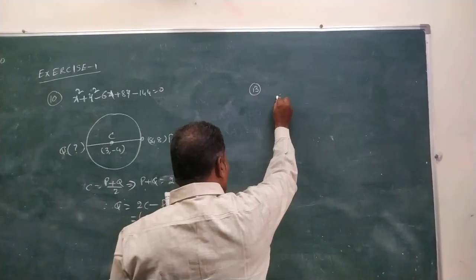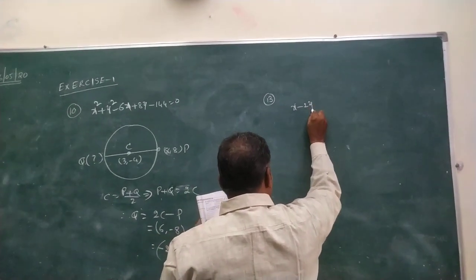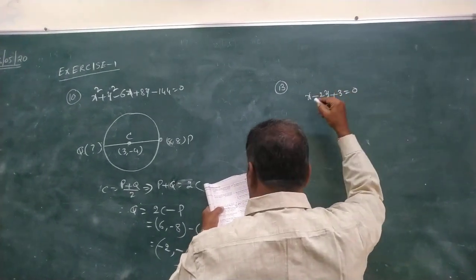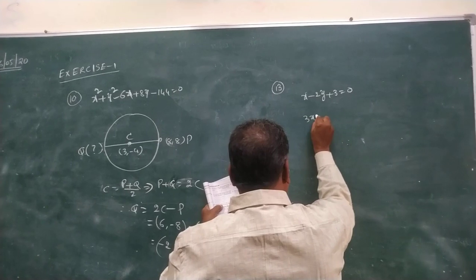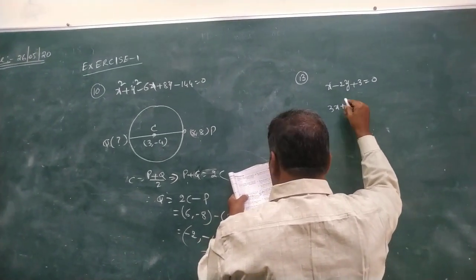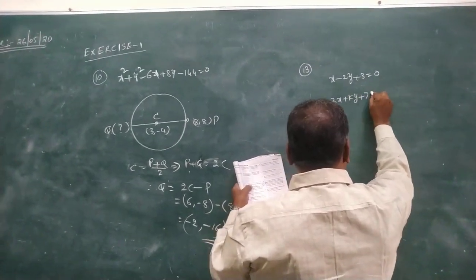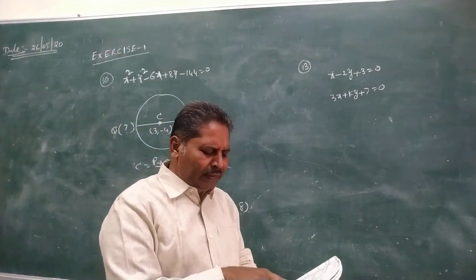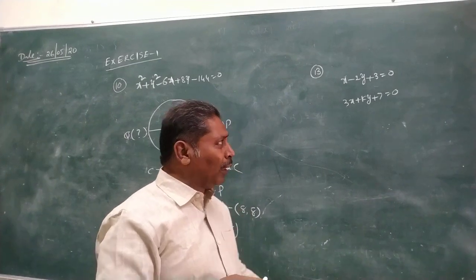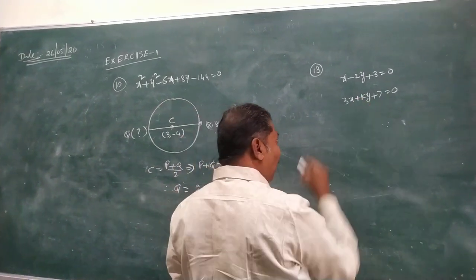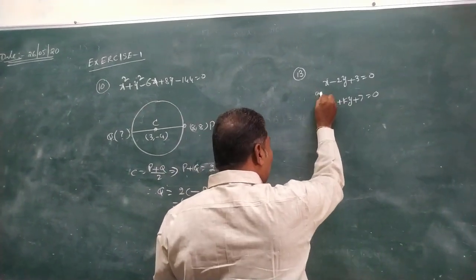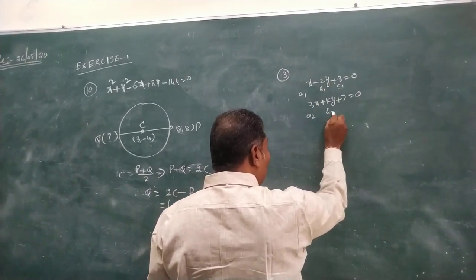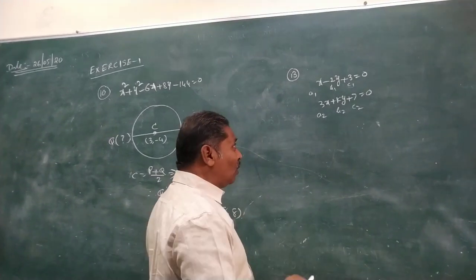Next, given lines x minus 2y plus 3 equal to 0 and 3x plus ky plus 7 equal to 0 cut the coordinate axes in concyclic points. Then find the k value. So this is A1, B1, C1, A2, B2, C2.